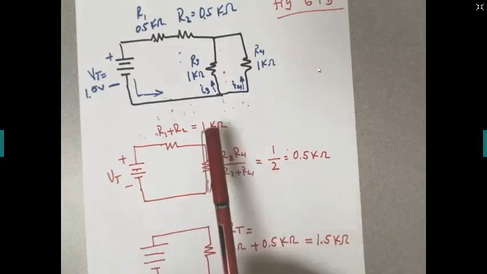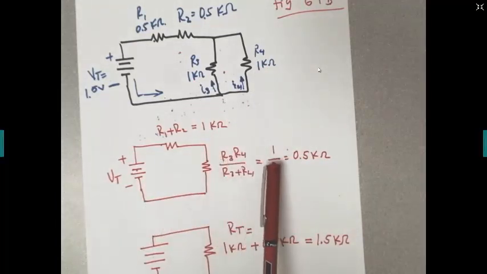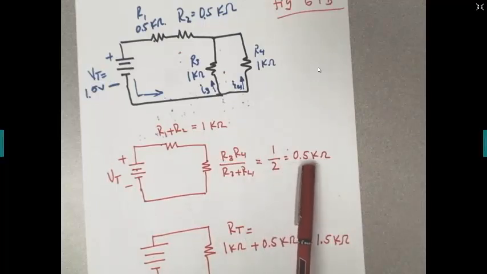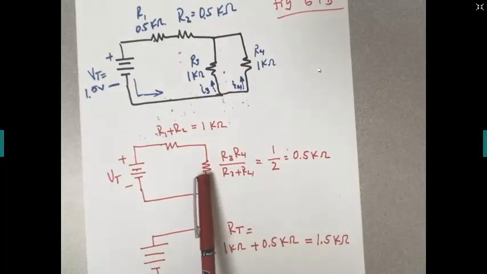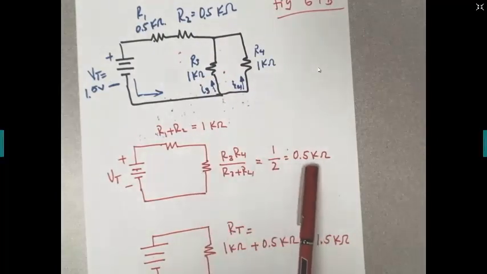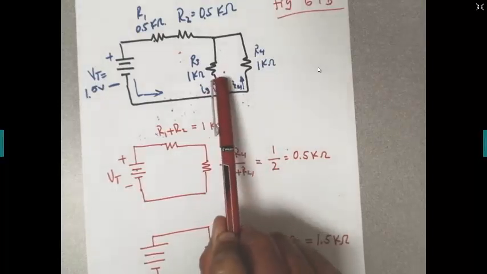They both are 1 kilo ohm. So 1 times 1 equals 1, and 1 plus 1 equals 2. So this is 1/2, which is 0.5 kilo ohms. So these two can be replaced by one resistor that is 0.5 kilo ohms, the equivalent resistor for these two.